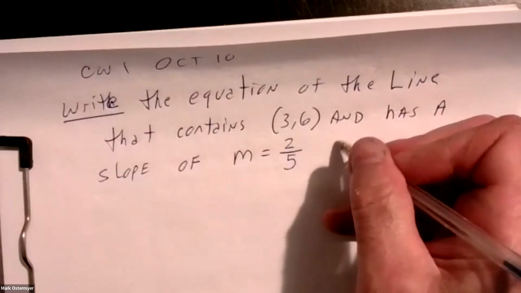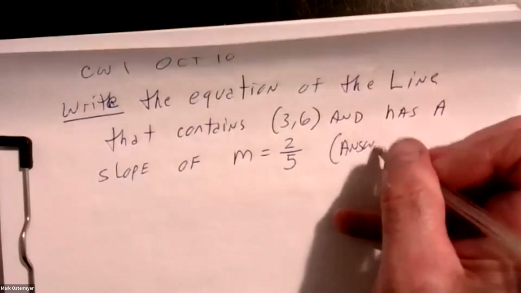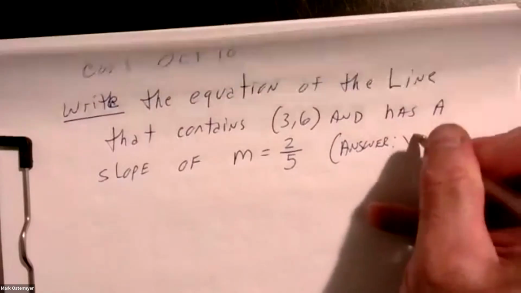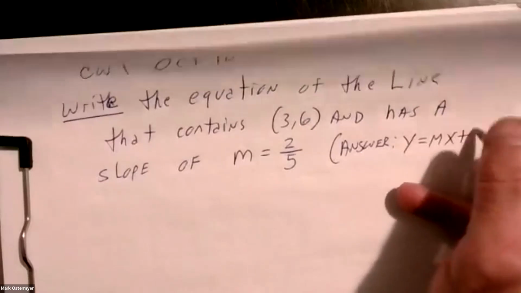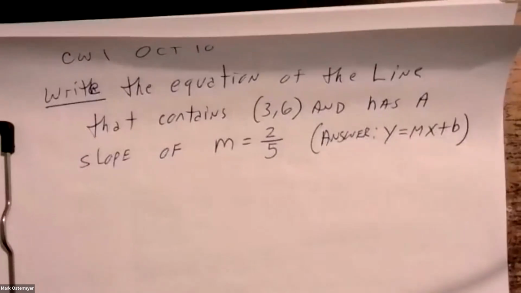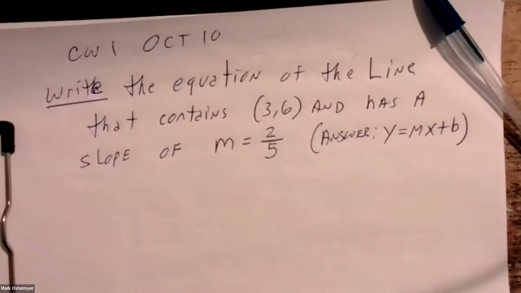And I want your answer to be in slope-intercept form. So make sure your final answer is in the form y equals mx plus b. Go ahead. That's classwork number 1. See if you can write the equation of that line that has that slope and contains that point. All right, go ahead and see if you can do something with that one.